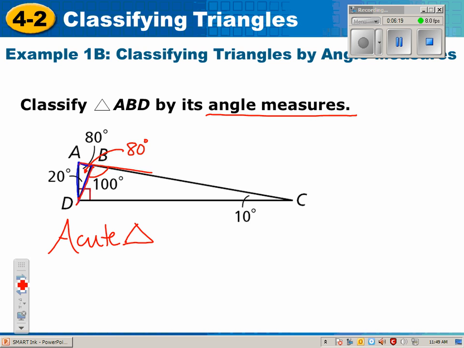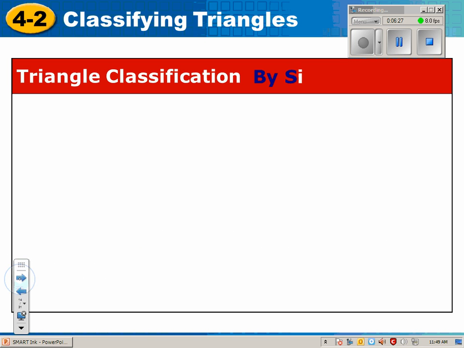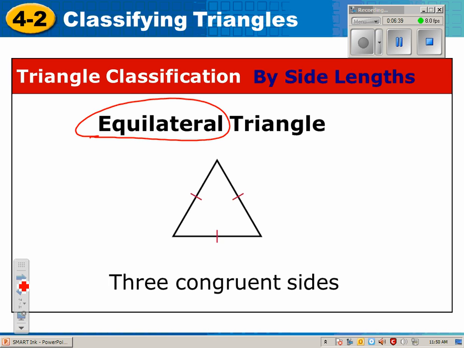The next 3 slides are going to be classifying triangles by side lengths. So 3 ways you can classify by side lengths are, you can have a triangle that has all 3 sides congruent. If it does, it is equilateral. Make sure you can spell that.